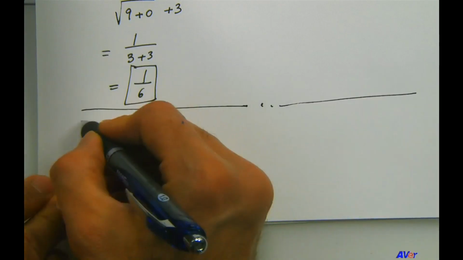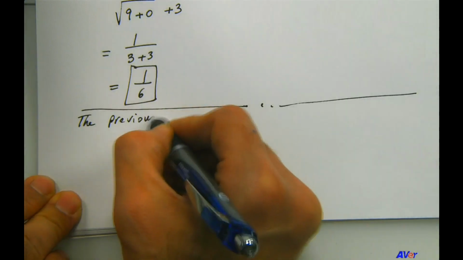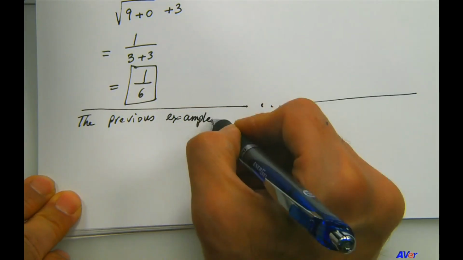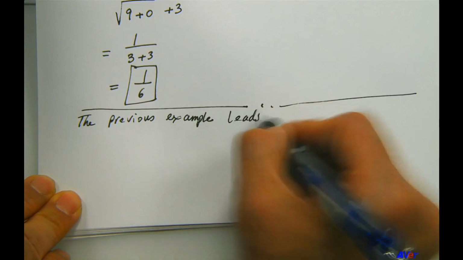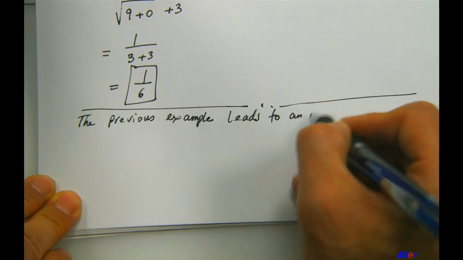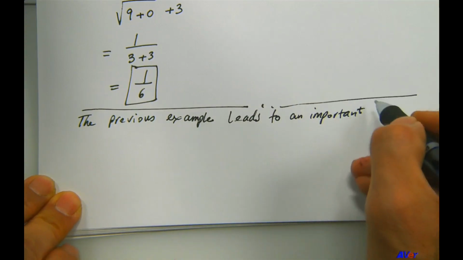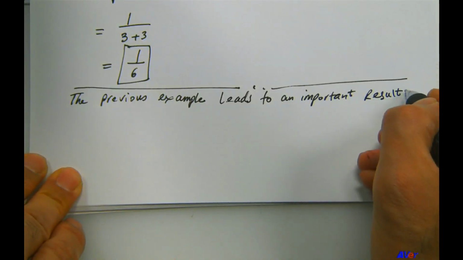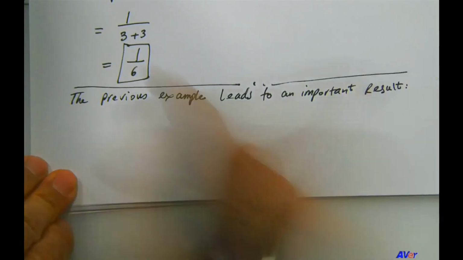So the previous example leads to an important result here, which is called limits at infinity.